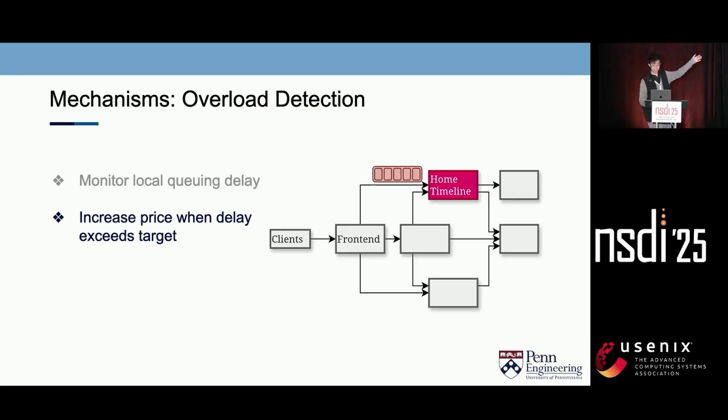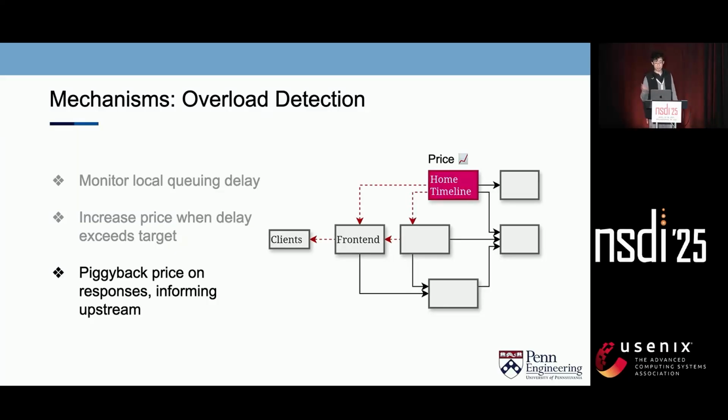So now home timeline has a queuing delay that is beyond the desired level, and we have a price increase. And what makes more sense is that now we piggyback the price on responses and send it upstream, informing the front end and even clients.